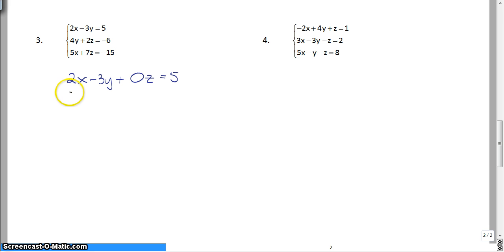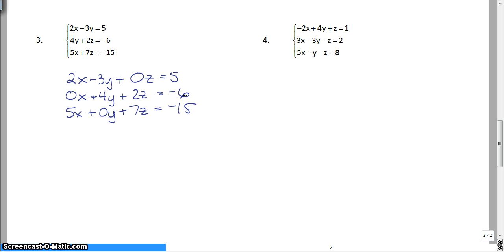And then 0x plus 4y plus 2z is equal to a negative 6. And then you have your 5x plus 0y plus 7z is equal to a negative 15.